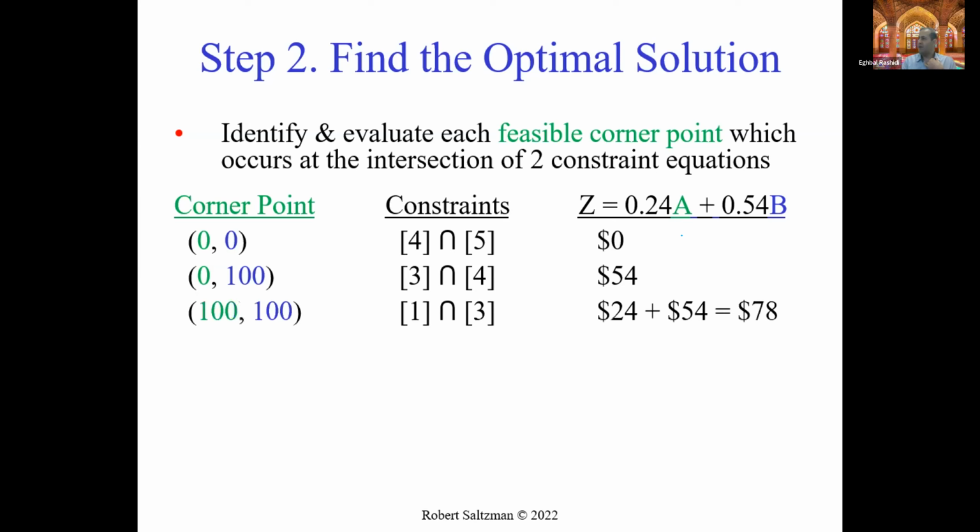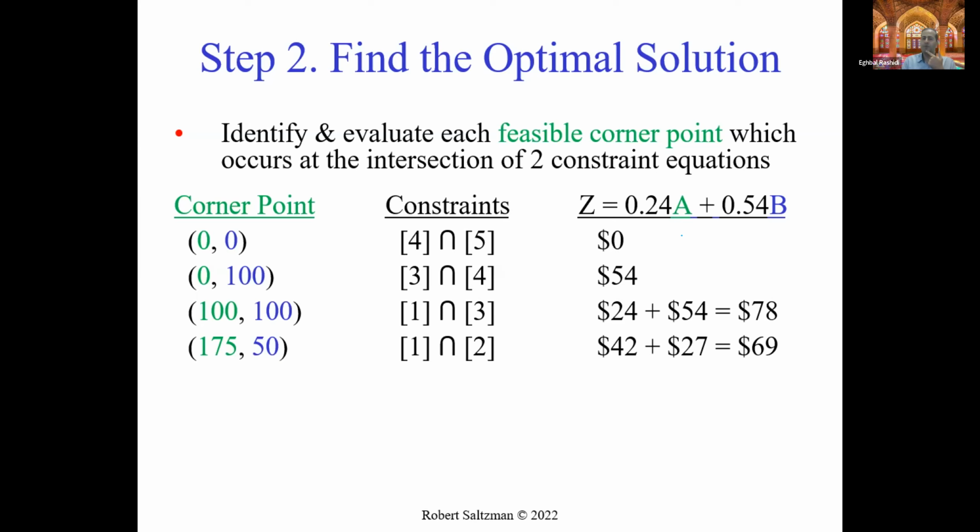The third coordinate point is the intersection of constraint 1 and 3, which is purchase 100 of A and 100 of B. This would actually yield $78 in investment rate return after a year. The next corner point is 175 of A and 50 of B, which is the intersection of constraint 1 and 2.